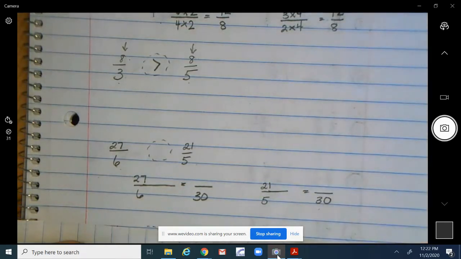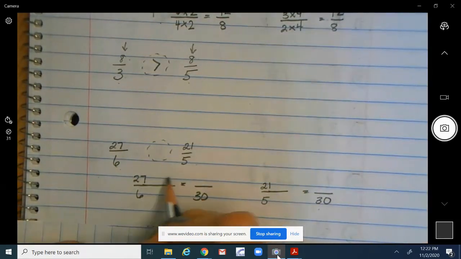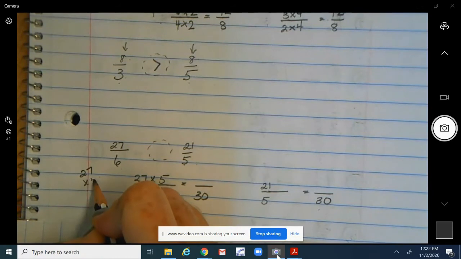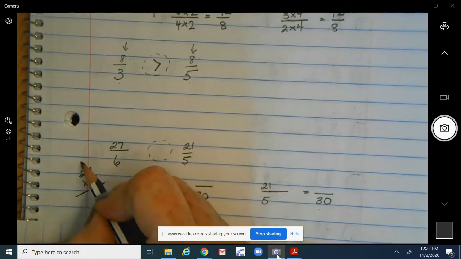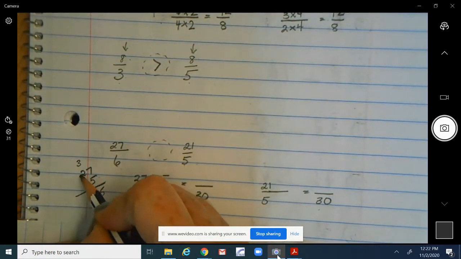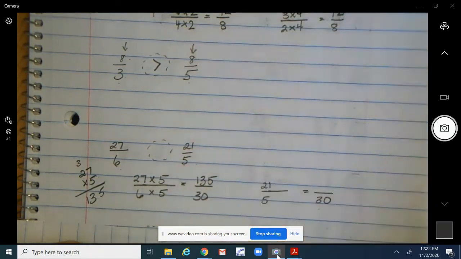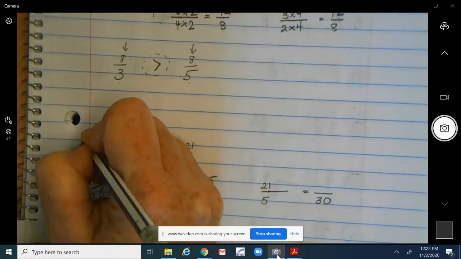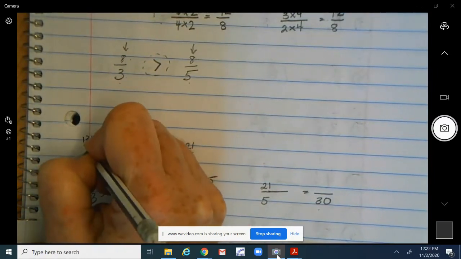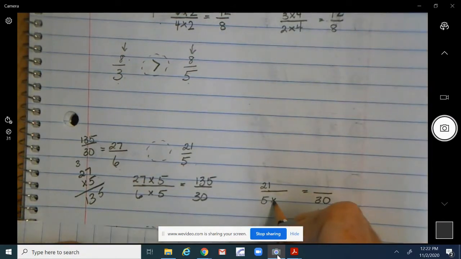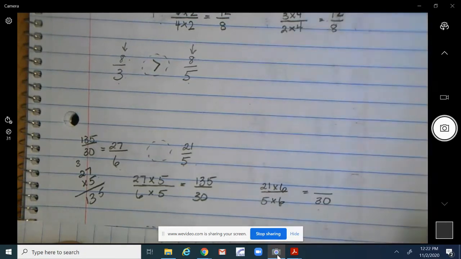And since I multiplied my denominators, I know exactly what to do. 6 times the other denominator. 27 times 5. Ugh, I've got to do that off to the side. That's 135. So this is 135/30. All right, now I'm going to change my fifths, and I'm just going to multiply by the other denominator, do the same to the top.